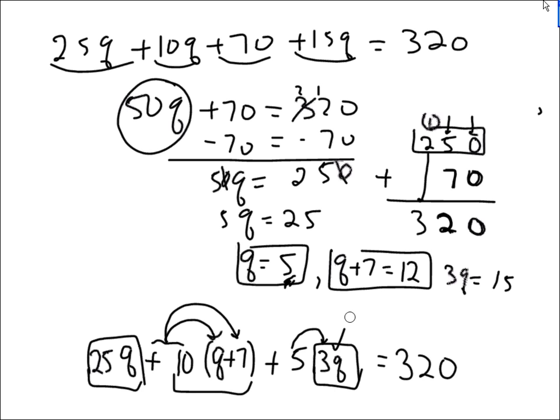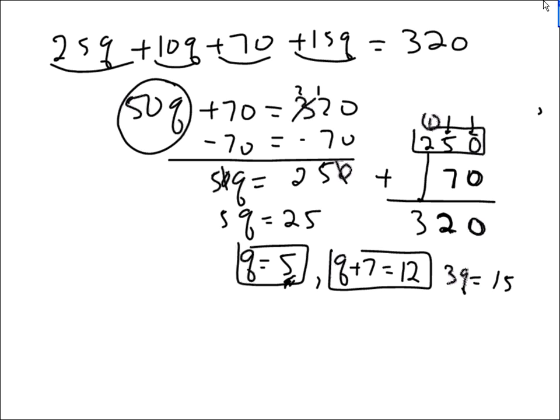Now, we have to make sure it lives up to everything. The number of dimes is supposed to be 7 more than the number of quarters. Well, yeah, the number of dimes is 7 more than 5. The number of nickels should be 3 times the number of quarters. Yeah, 3 times 5 is 15. But I could have written a lot of numbers like that.